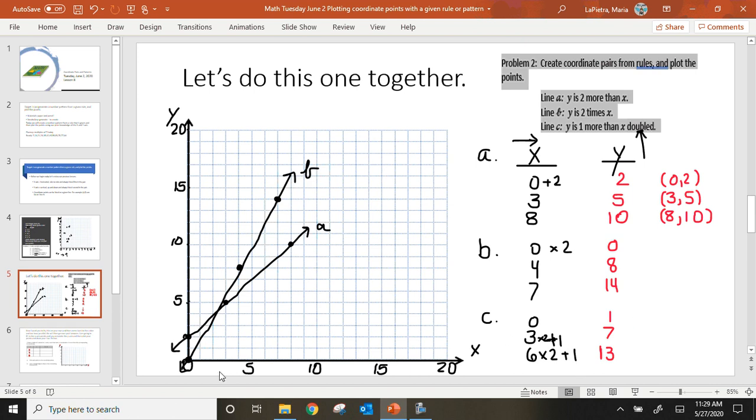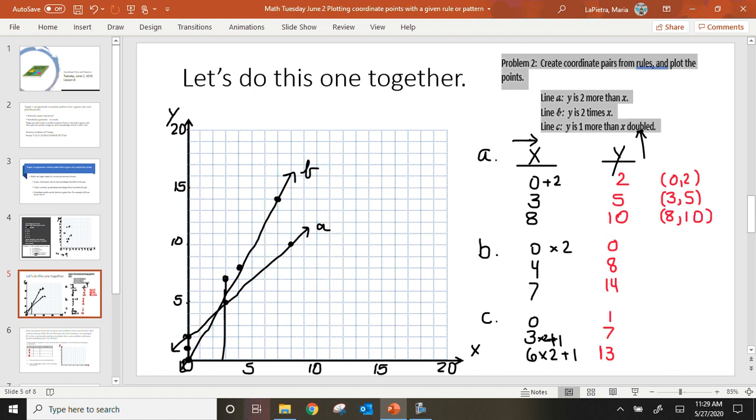0, 1. Again, we didn't go anywhere, we just went on the y up 1. That's my first point. 3 and 7, over 3, up to the 7. Right here. Okay, and my last one, 6 and 13.